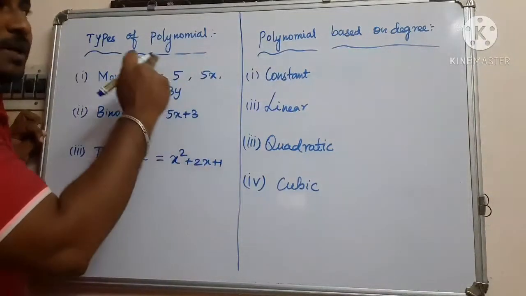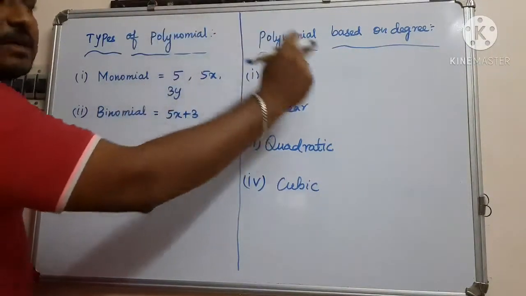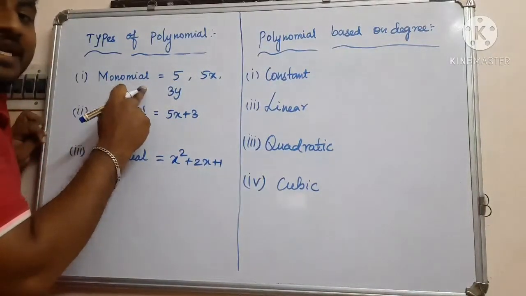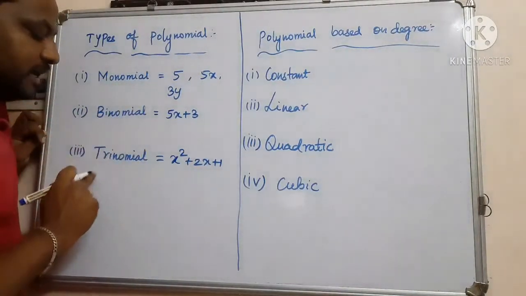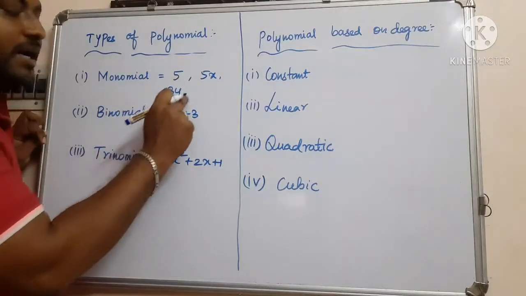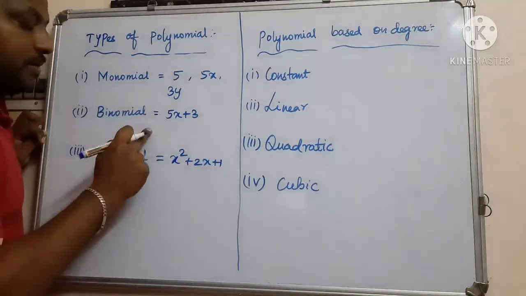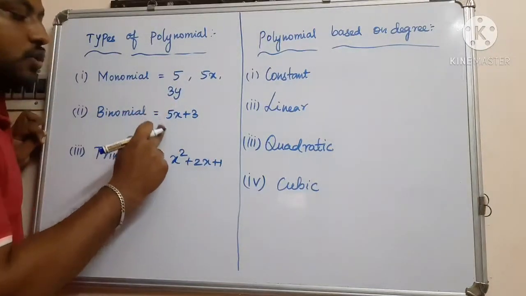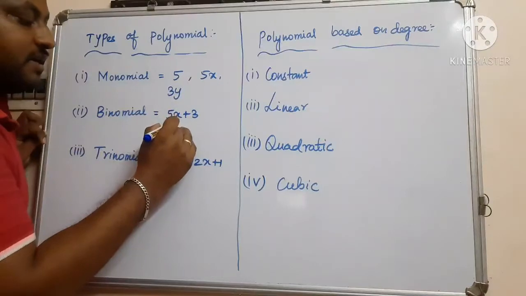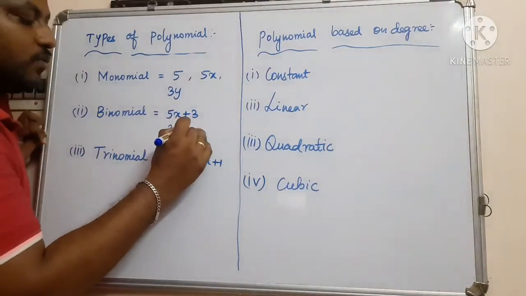There are two types. One is term wise polynomial, another one is degree based polynomial. Term wise polynomial has three types. One is monomial, another one is binomial, another one is trinomial. Monomial means having only one term. Binomial means having two terms, for example 5x plus 3, or 3y minus 2.